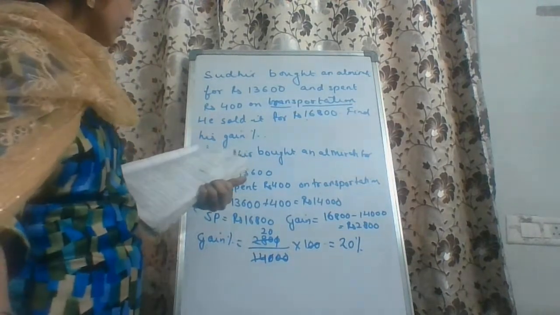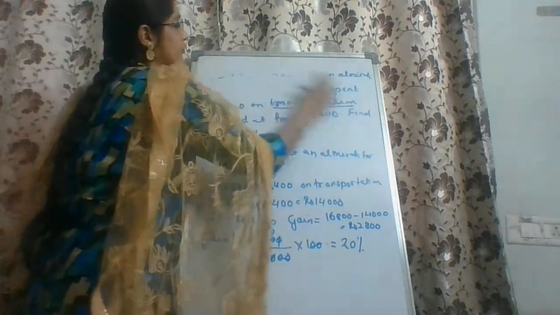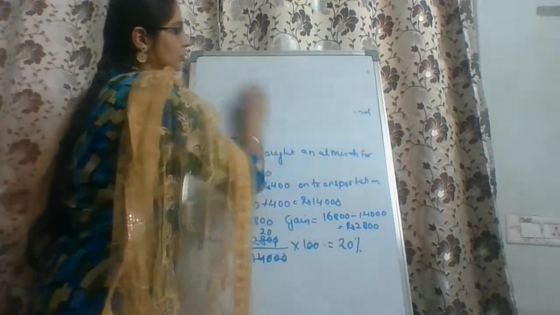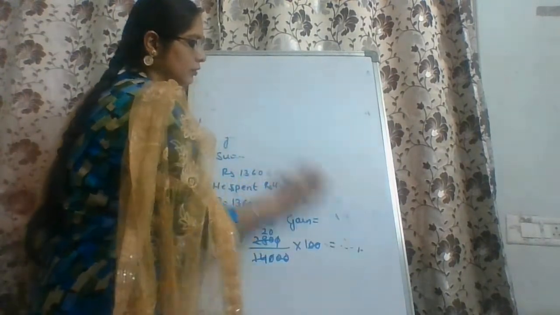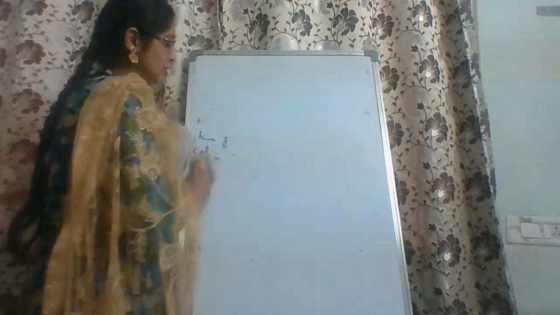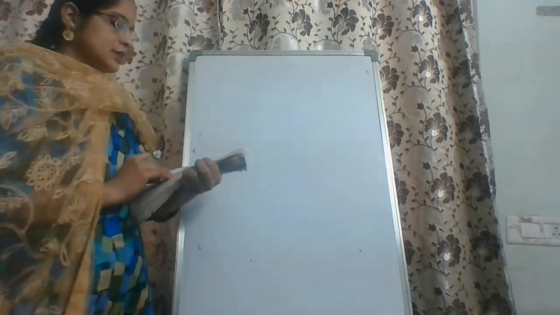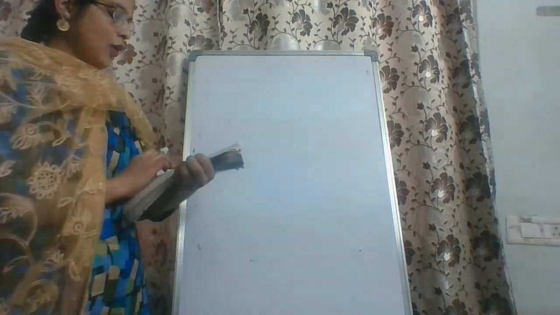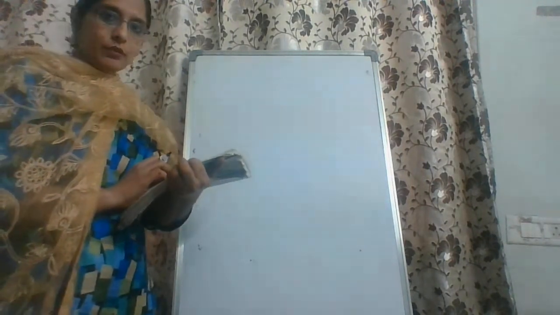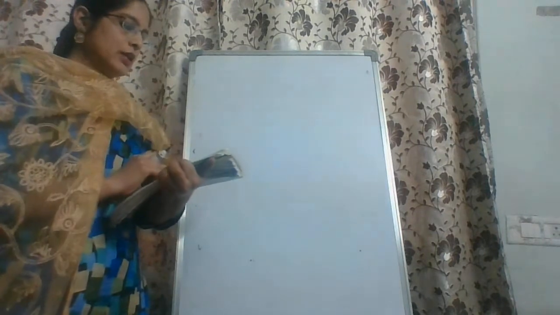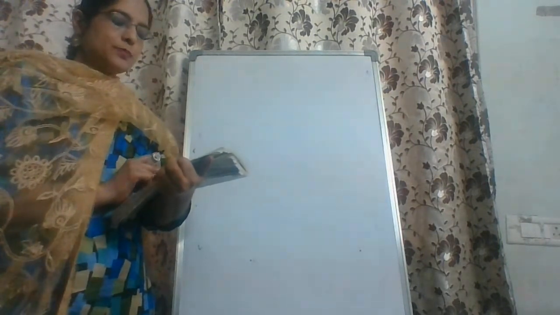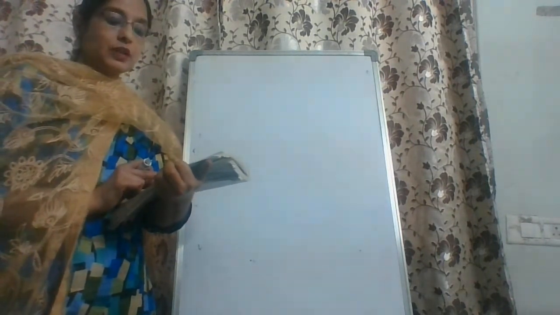Coming to the next question. I'm reading out the question. Listen carefully. Selling price of 16 spoons is equal to cost price of 15 spoons.